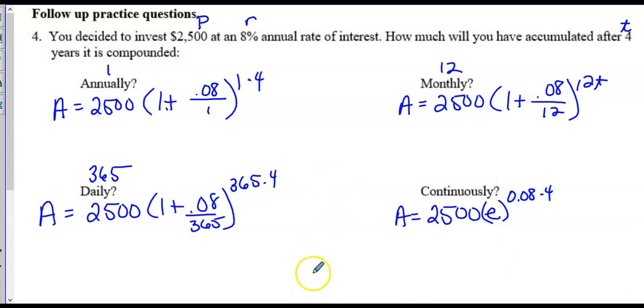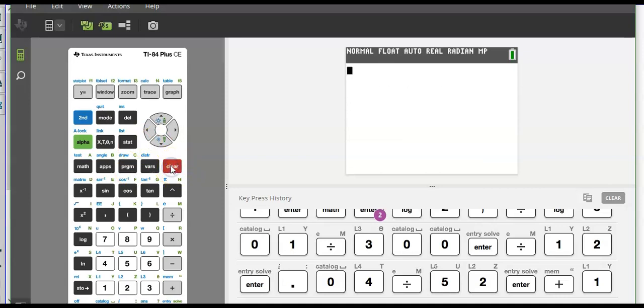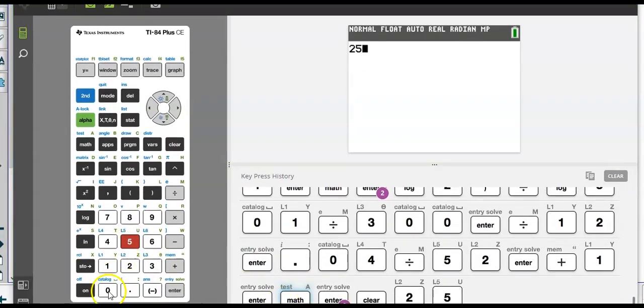So I'm going to put one of these in the calculator, and then I'm going to give you the answers to the rest of them. I'm not going to make you sit through this. So let's do annually. So in our 2,500, and then you can put parentheses.